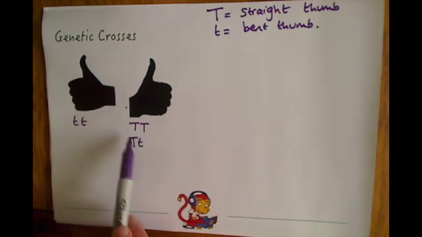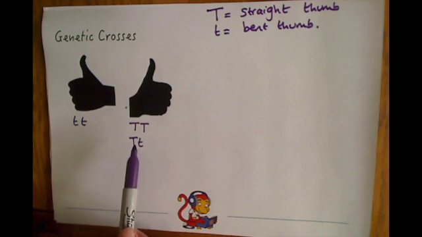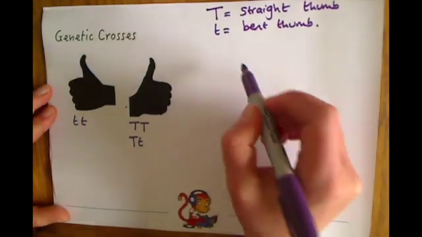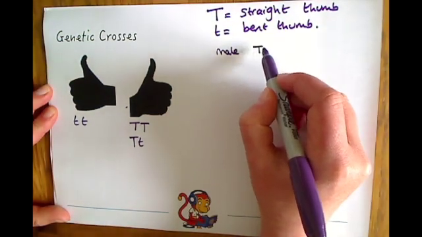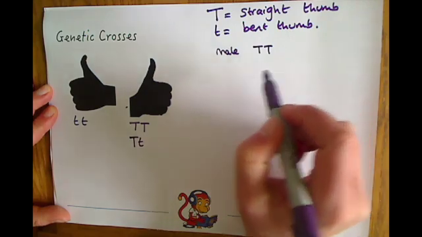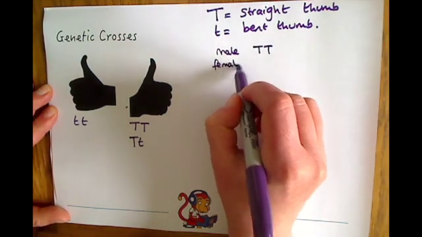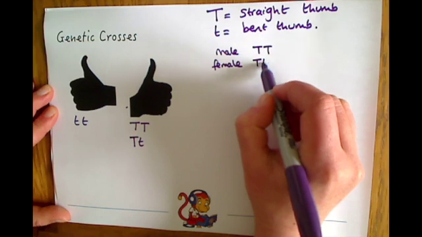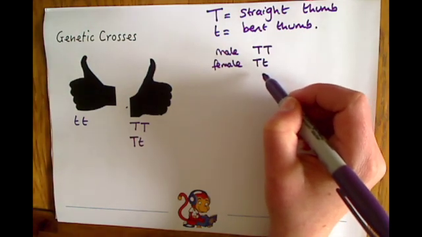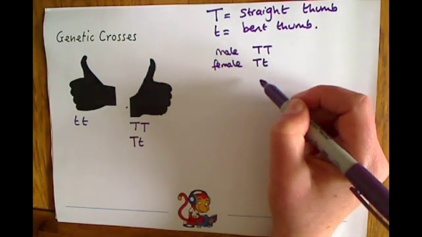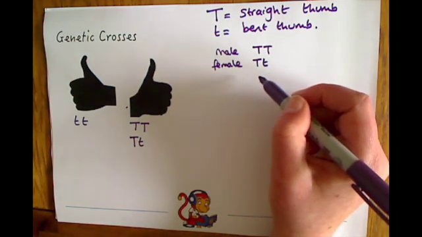If you know the alleles that someone carries, you can go on to predict the chances of their child expressing a particular characteristic. For example, if you chose a male with two dominant alleles, and you chose a female with heterozygous, or one of each allele, you could work out the chances of this couple having a child with a hitchhiker's thumb or with a bent thumb.